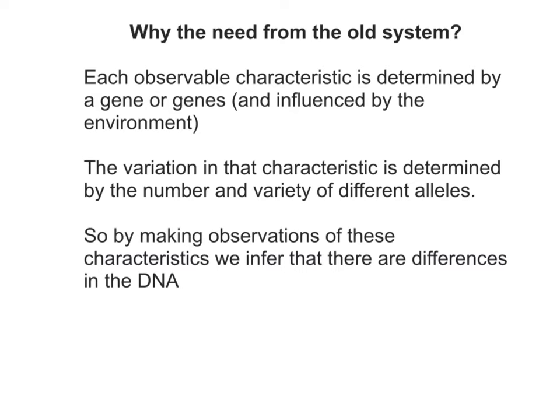So it's a combination of the genes that you've got and the environment. The other thing that affects that observable characteristic is that for any given characteristic, we can have one or two alleles for that particular gene, or we can have several different alleles of that gene. So observing characteristics is a great way to look at differences, but there are a number of different factors that will affect those differences that we can observe.